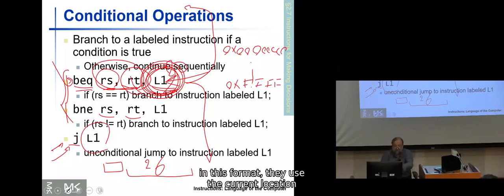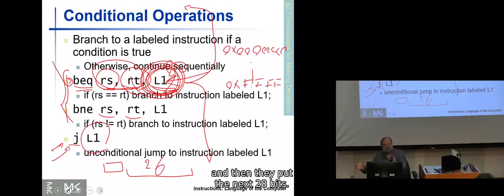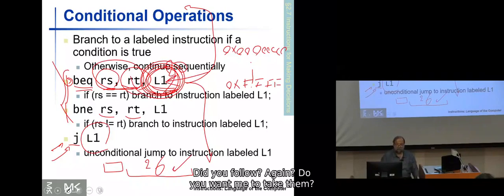Here, in this format, they use the current location and get 4 bits from it, the 4 most significant bits. They put them here, and then they put the next 28 bits: 26 bits is here, and 2 bits are 0. Okay? Any questions? Did you follow?